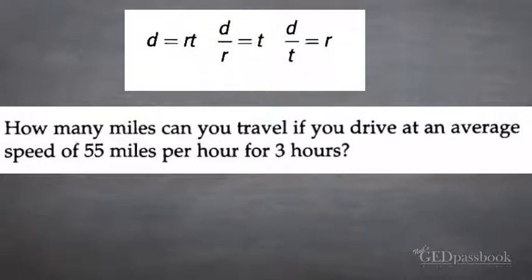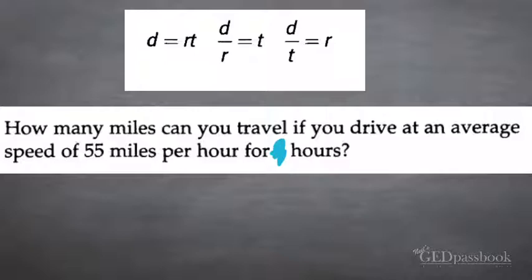In order to find your distance, all you got to do is multiply your rate times time. But here we have some handy ones. In order to find time, all you must do is get your distance and divide it by whatever your rate is. So let's say they did not give us the 3 hours.